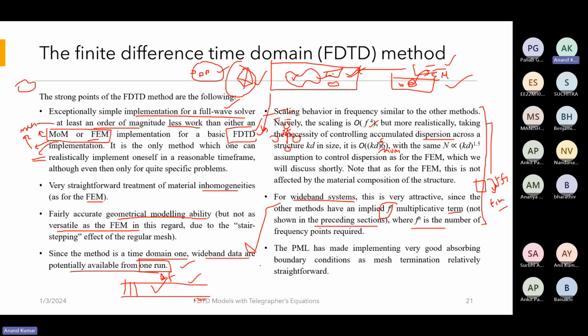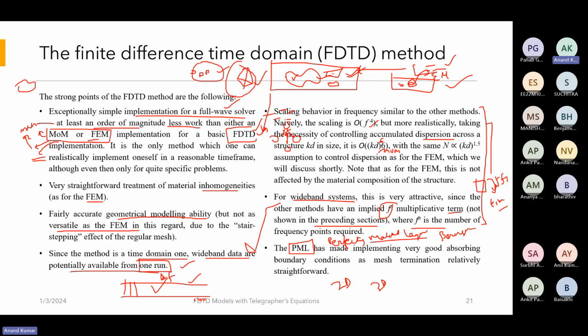And if you go towards the 2D and 3D implementations, then there is something called the perfectly matched layer. This was given by Berenger and then improved by other scientists as well.